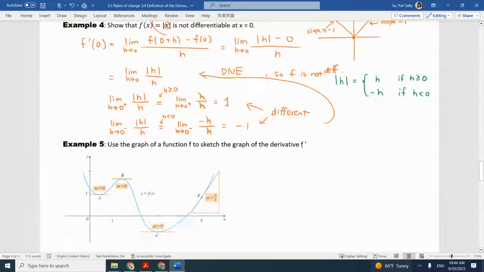Okay, example 5. Use the graph of a function f to sketch the graph of its derivative. Okay, so knowing the graph of f, how do we find the derivative? Everybody keep in mind, for lines, we have this, what do you say about the slope?